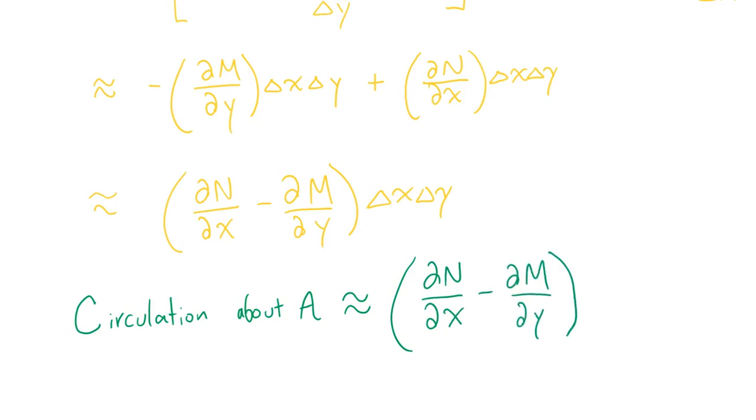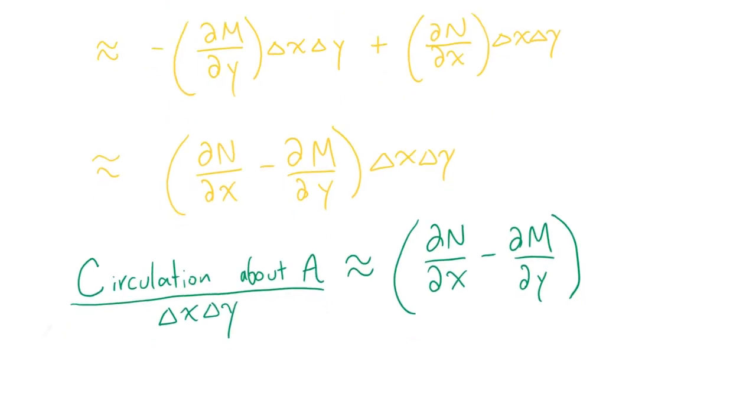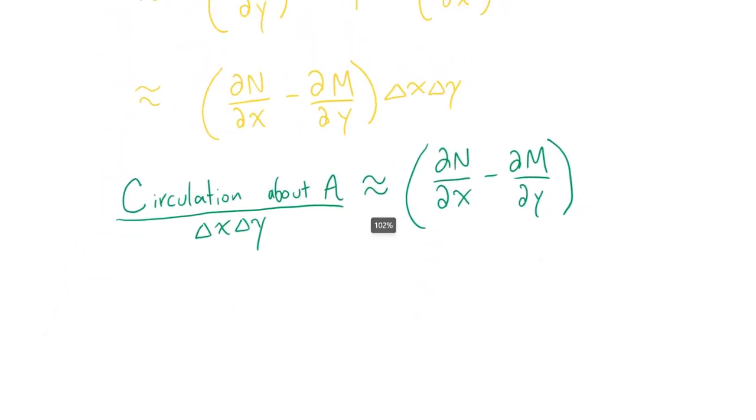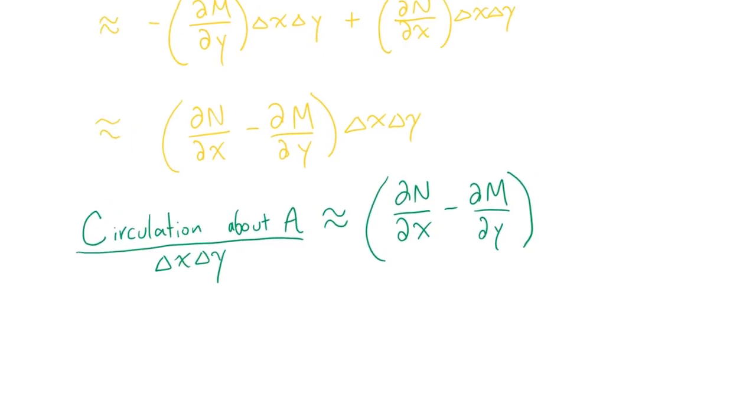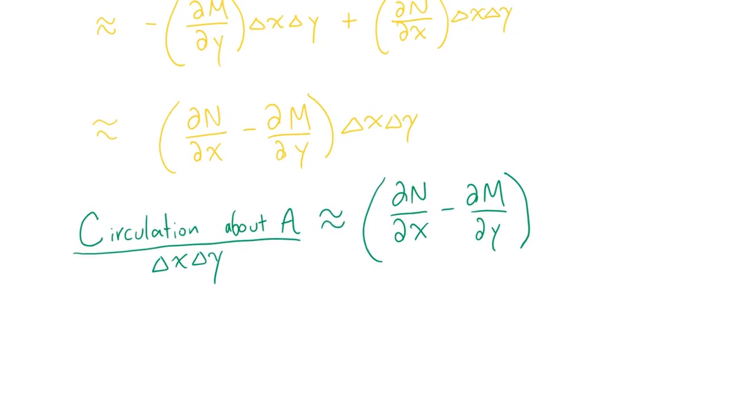And now if we divide both sides by delta x and then delta y, well, remember that whenever we talk about density, we always have mass over volume, right? Or we have a certain amount of something divided by the area or the volume that thing is being dissolved in. So here we have our circulation of A over the area of A, which is delta x delta y.